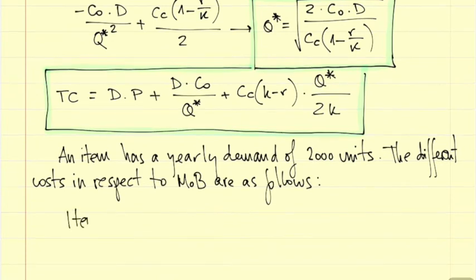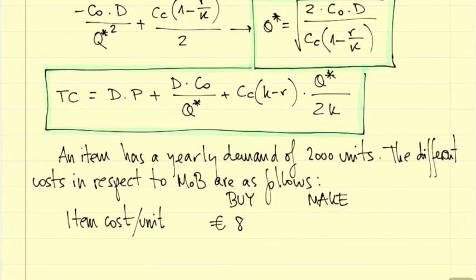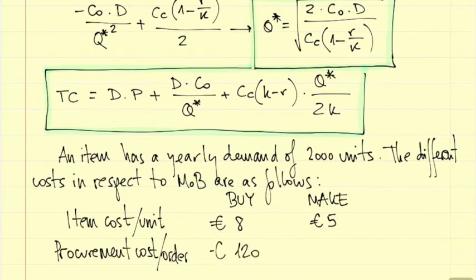Item cost per unit, buy or make: €8, €5. Procurement cost per order, setup cost: €120. If you buy, you have a procurement cost.